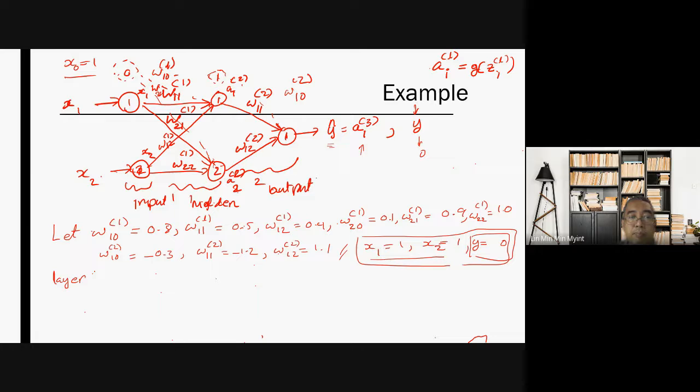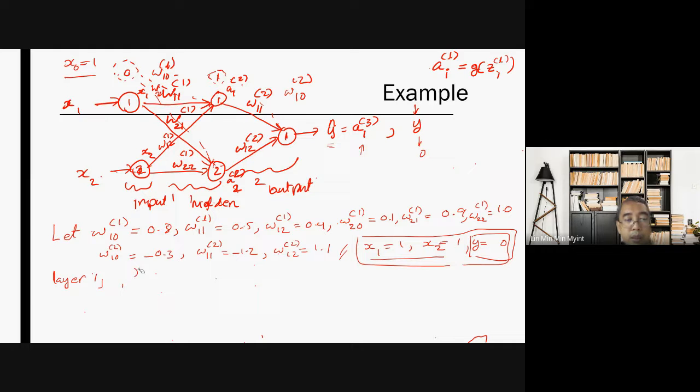Layer 0 has no calculation because it's a direct transfer. In layer 1, for each node, before we calculate A1 and A2, we have to calculate C1 and C2.